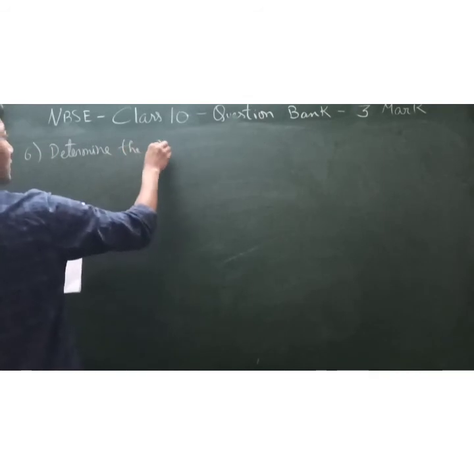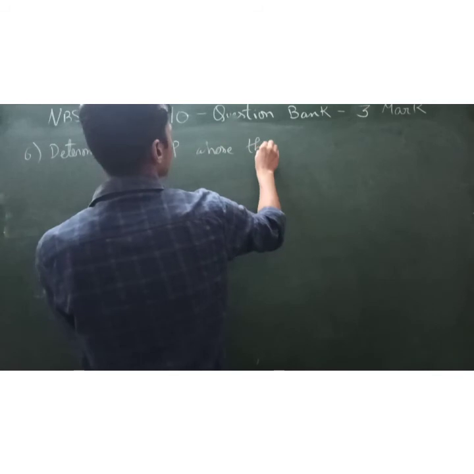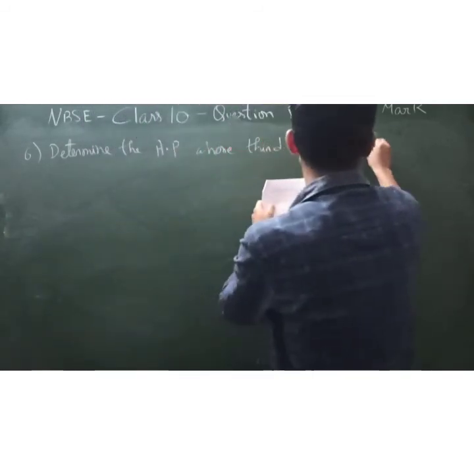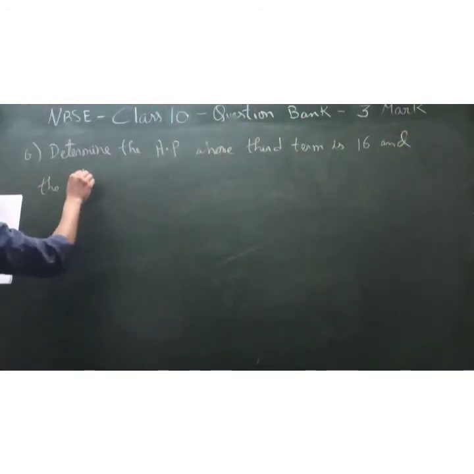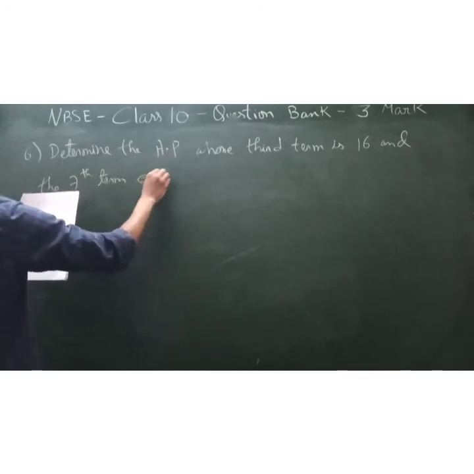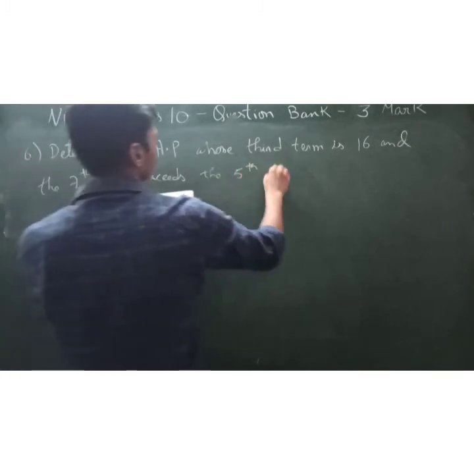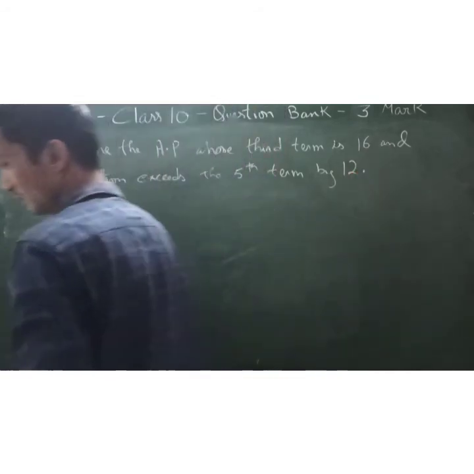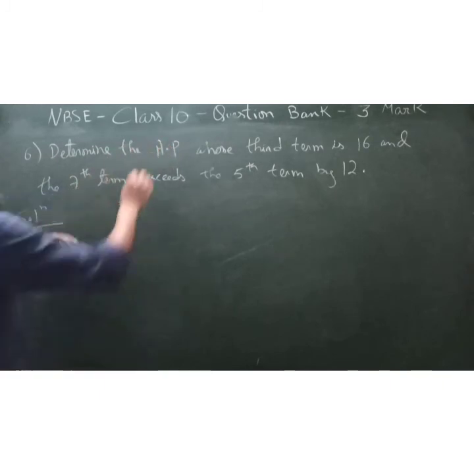Determine the arithmetic progression whose third term is 16 and the seventh term exceeds the fifth term by 12. So as we know, we are supposed to find out the arithmetic progression.